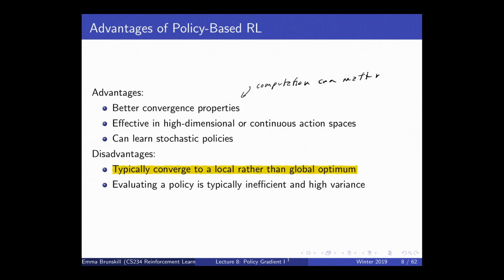But almost all of the methods that you see in deep reinforcement learning that are policy gradient based only converge to a local optima. And then the other challenge is that typically we're going to do this by trying to evaluate a policy and then estimate its gradient, and often that can be somewhat sample inefficient. So we might need quite a lot of data to estimate what that gradient is when we're taking a gradient-based approach.